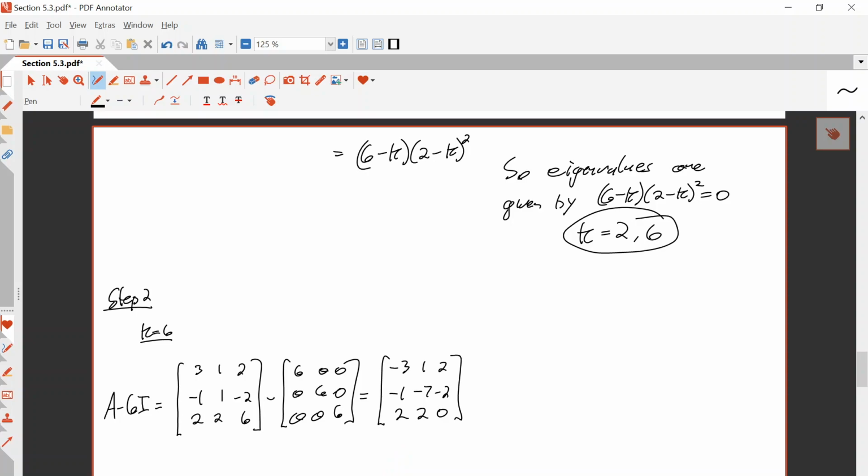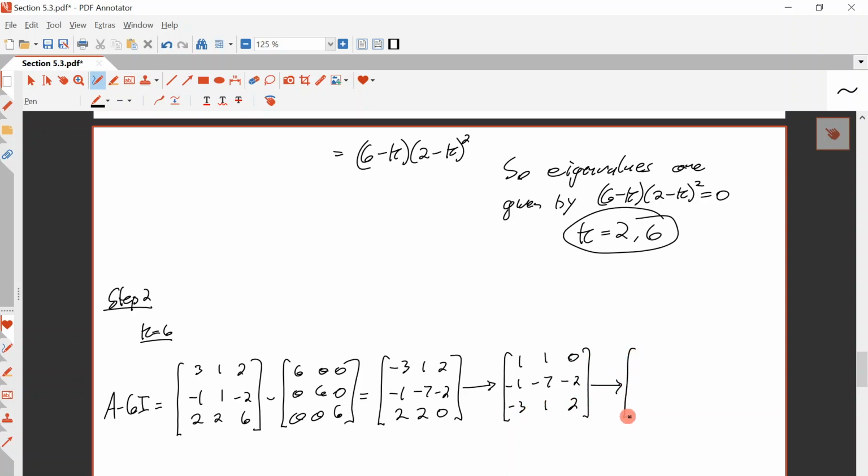Okay, so I'm going to move this up to the top and divide it by 2. So I got 1, 1, 0. Minus 1, minus 7, minus 2, minus 3, 1, 2.